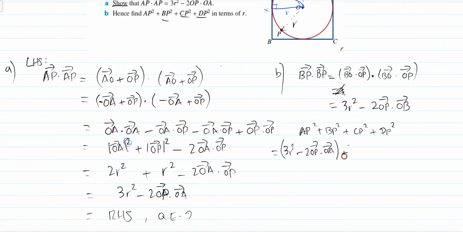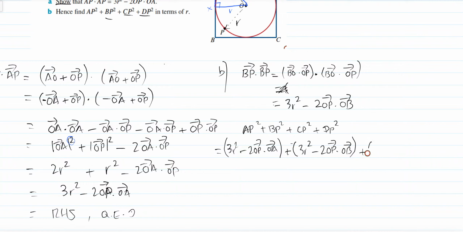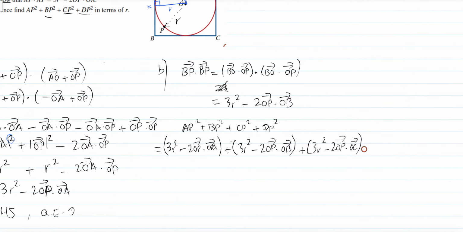Then 3R squared minus 2OP dot OB, that is BP squared, and then of course you keep adding, plus 3R squared minus 2OP dot OC for your CP squared, and plus 3R squared minus 2OP dot product OD for DP squared.